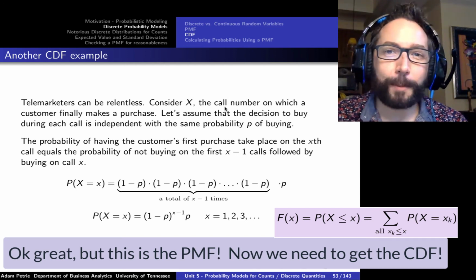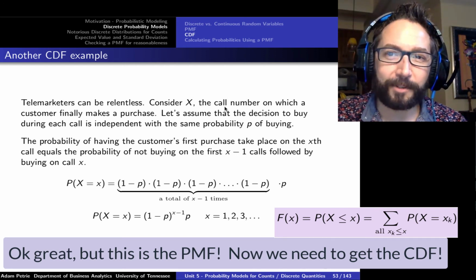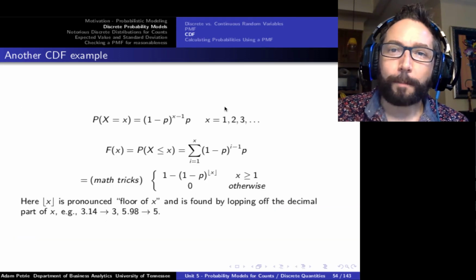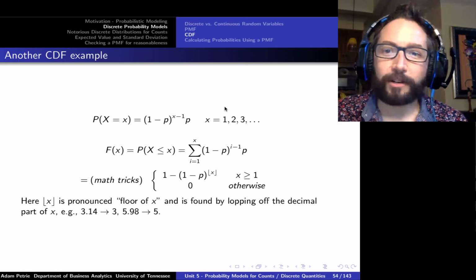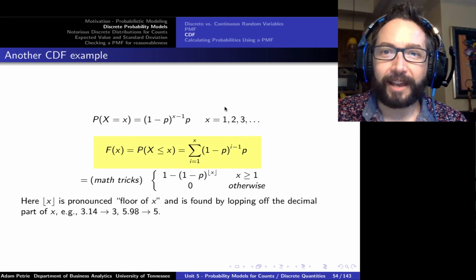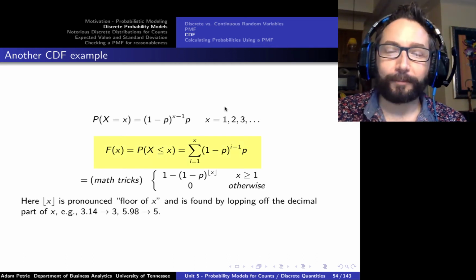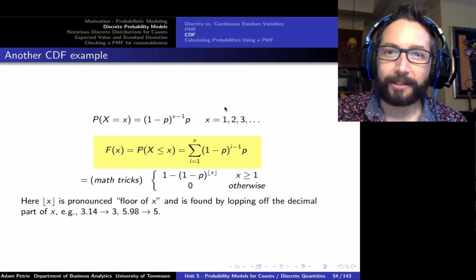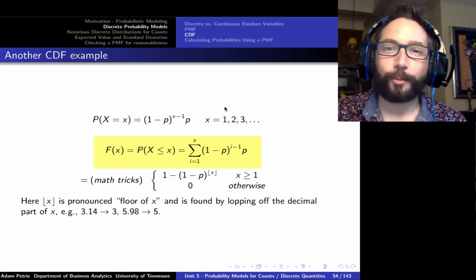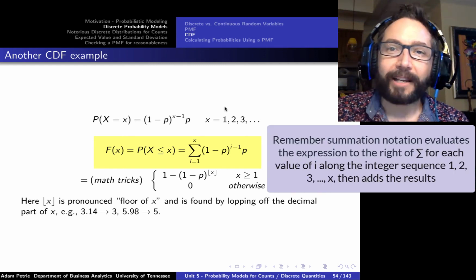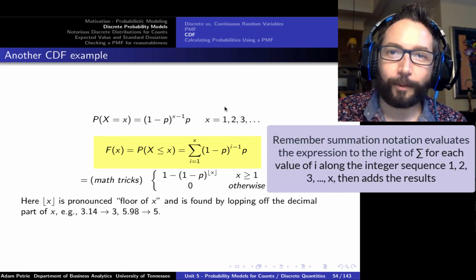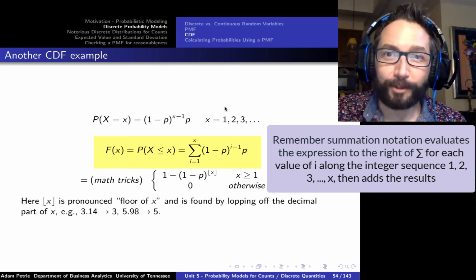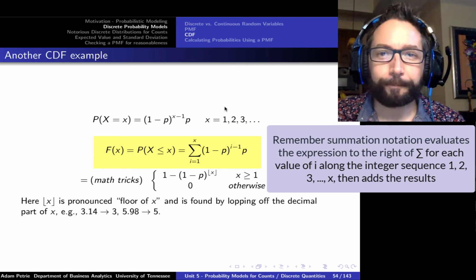Well, what about the formula for the CDF, the probability of observing a value of at most little x? By definition, we can use our summation notation to say that if I have a particular value of little x in mind, I need to sum up this expression, 1 minus p raised to the i minus 1 power times p, from i equal to 1, 2, 3, 4, all the way up to little x, because I'm getting that probability of observing a little x or something smaller.